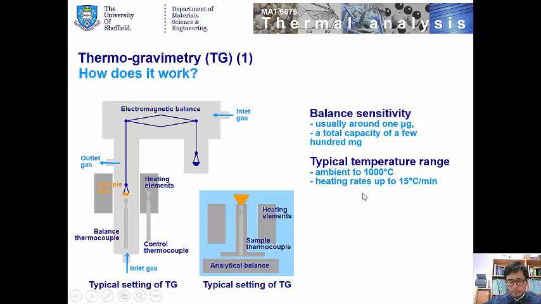In terms of temperature, measurement can be from room temperature up to 1000, and some equipment allows you to study up to 1500. Heating rate is usually quite slow. In this case, it says 15 degrees Celsius per minute. This is about the maximum people tend to use. 5 to 15 degrees Celsius per minute is quite common.